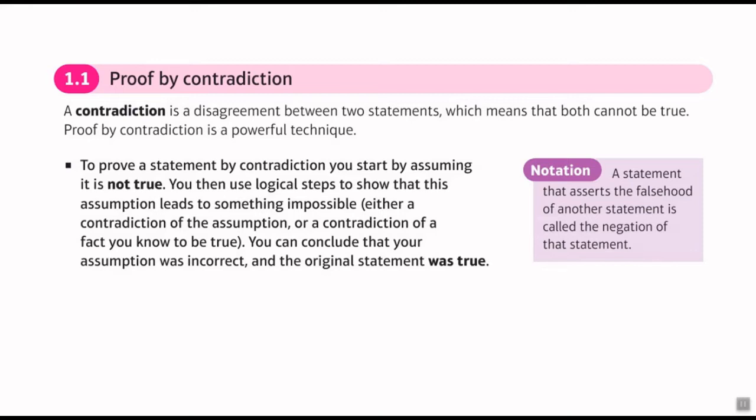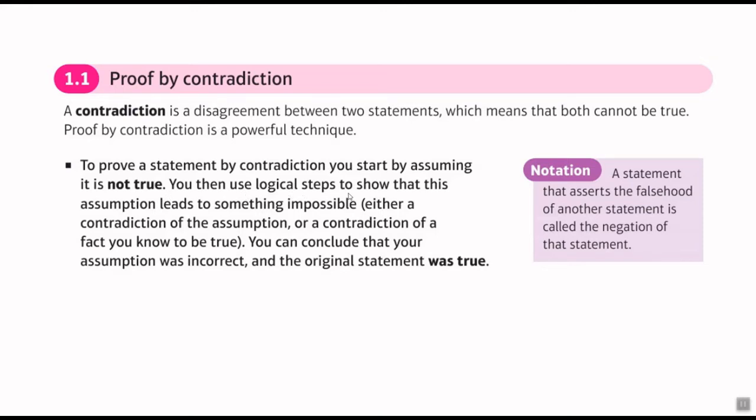Proof by contradiction. A contradiction is a disagreement between two statements, which means that both cannot be true. So proof by contradiction is a powerful technique. To prove a statement by contradiction, you start by assuming it is not true.